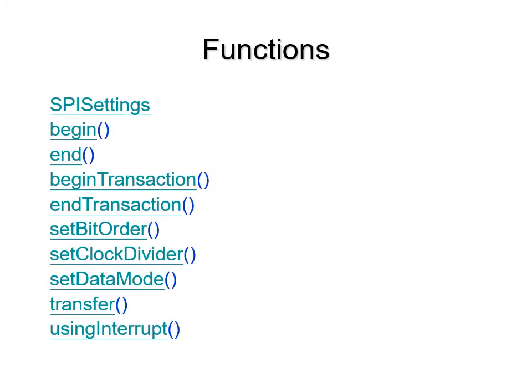Now here we have some functions of SPI. Firstly, the SPI settings. It is an object for configuring the SPI ports so that you may configure the speed, the data order, so that you may transmit the least significant bit first or the most significant bit first.